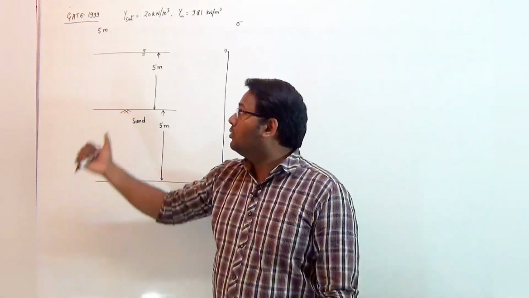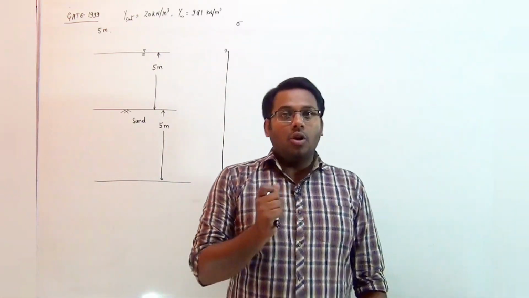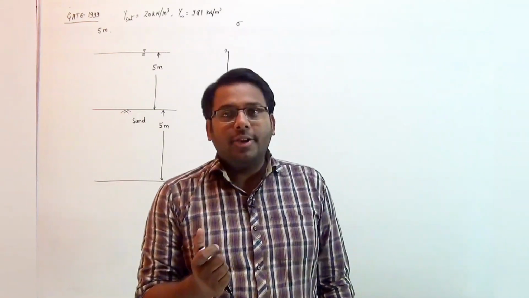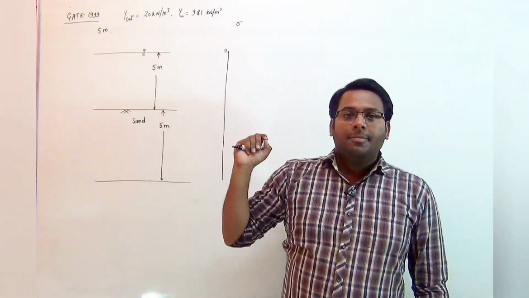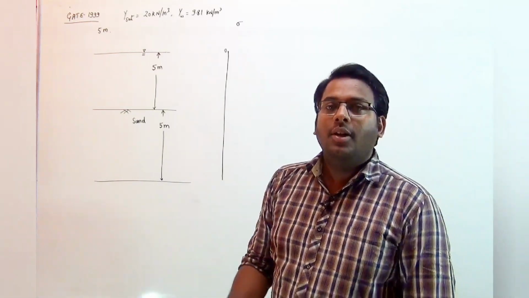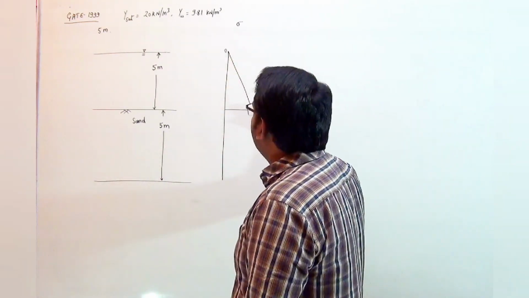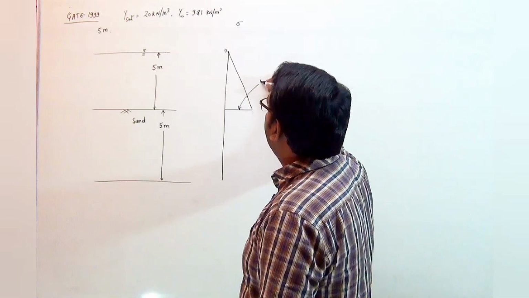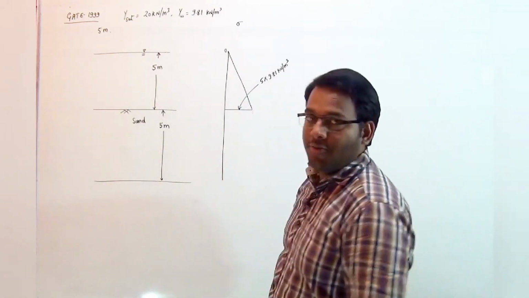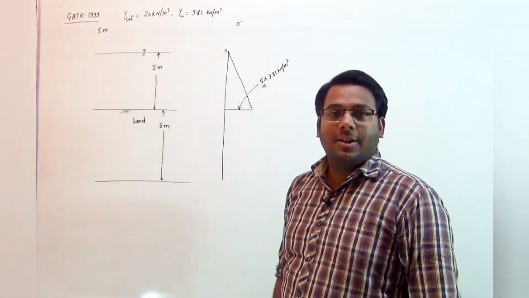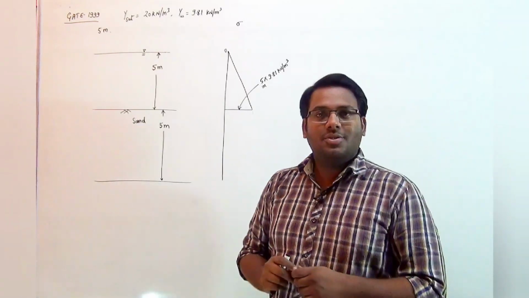But as we move down in the water layer, the pressure will increase because of the weight of the water, which increases at a rate of unit weight gamma W, that is 9.81. So for the first 5 meter the value will increase linearly from 0 to 5 meter into 9.81 kilonewton per meter cube, and hence the unit of this product will be kilonewton per meter square. That is the value of stress.